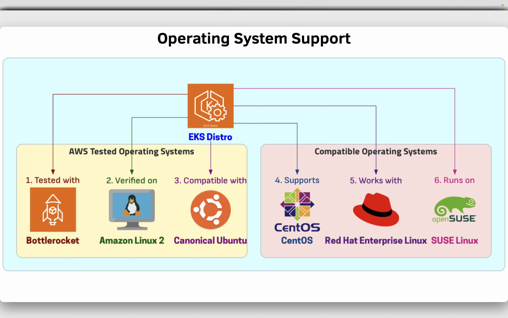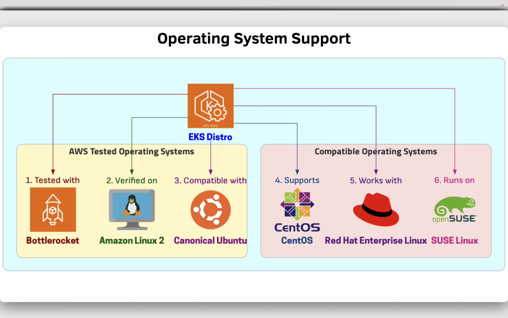And the operating system support. So EKS Distro provides the same upstream versions of Kubernetes and dependencies tested by operating system vendors and confirmed to work with Kubernetes. As a result, EKS Distro works with common operating systems already used to run Kubernetes clusters such as CentOS, Canonical Ubuntu, Red Hat Enterprise Linux, SUSE, and more.